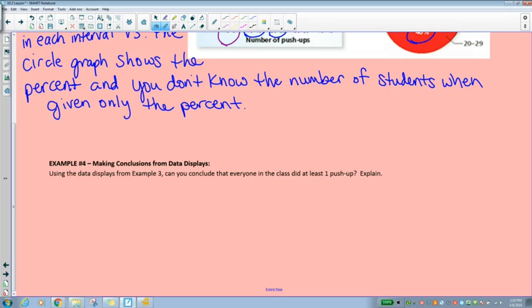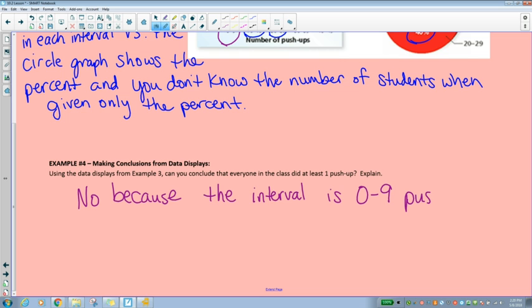So we're going to say no, because the interval is 0 to 9 push-ups.